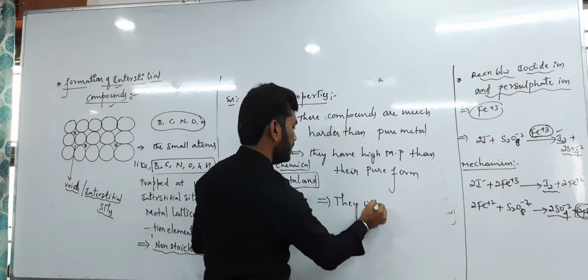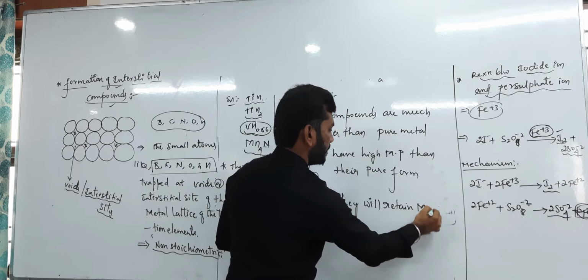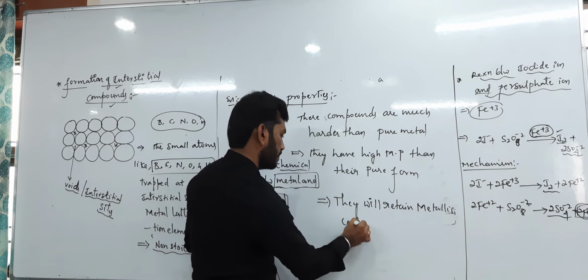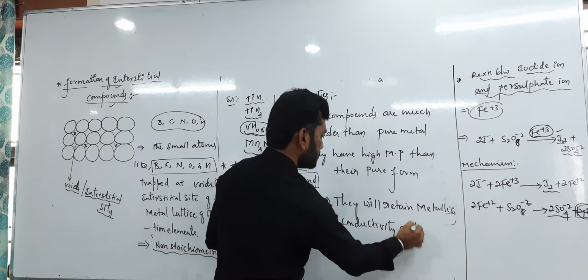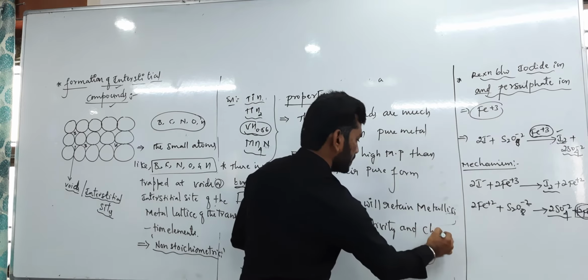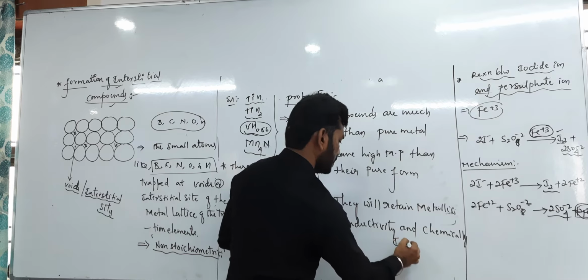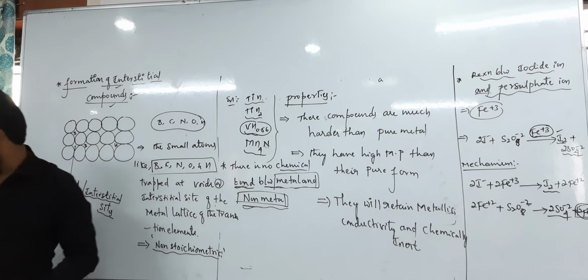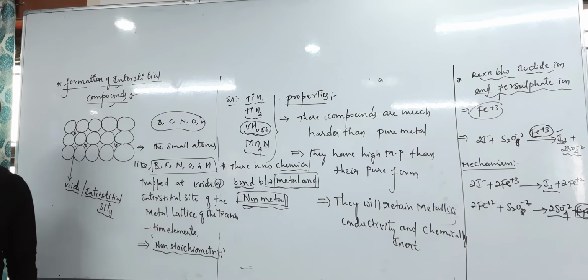They will retain metallic conductivity, and they are chemically inert basically. So these are the small properties regarding interstitial compounds.